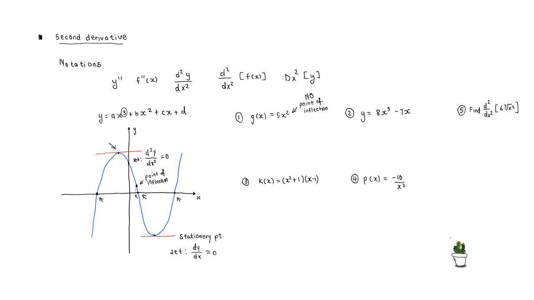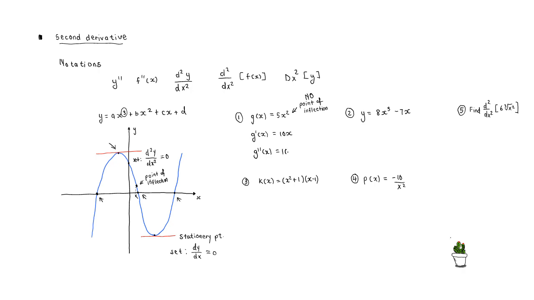So it means that our second derivative function is just going to be a constant, and what that represents is the constant gradient of our linear graph. Remember that. Let's go through it. g prime of x is going to be equal to nx, and g double prime of x is just going to be equal to 10.